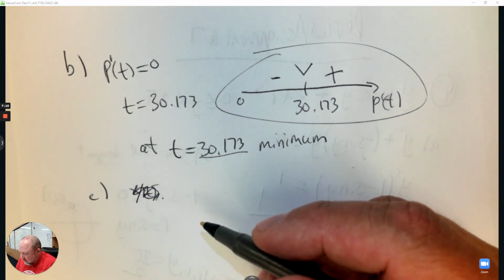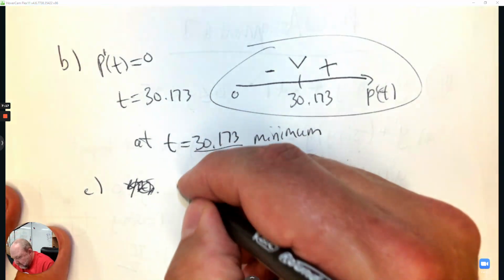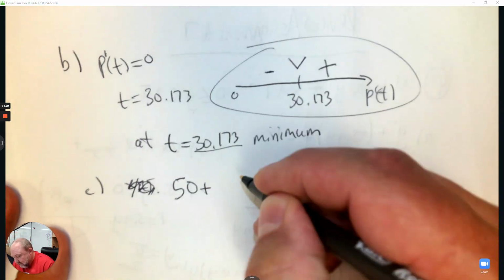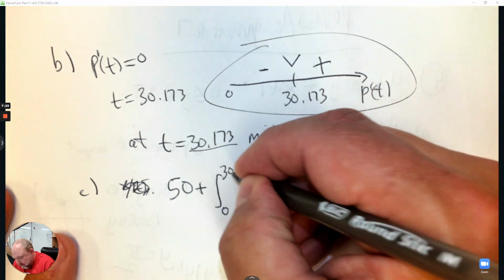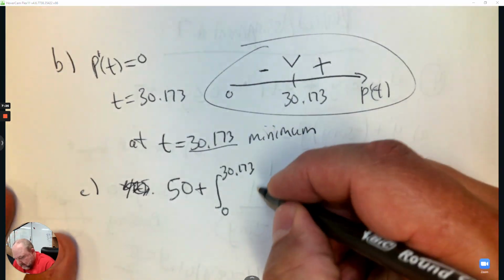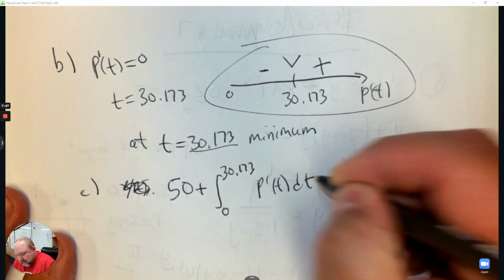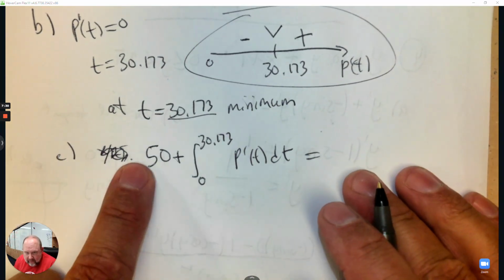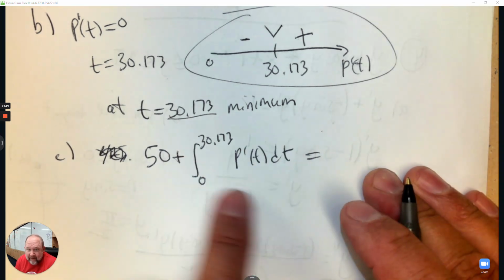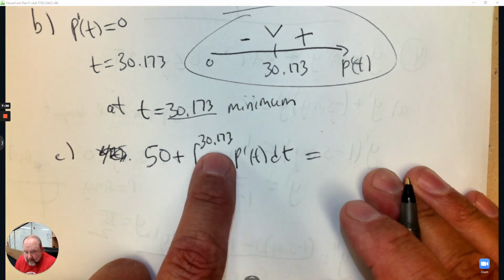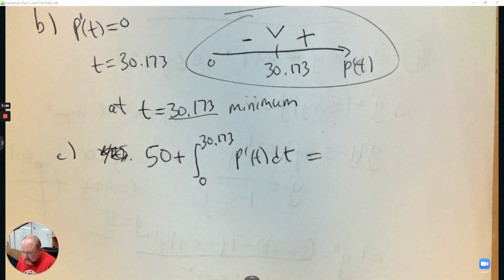So, in the question it says that there are 50 gallons to begin with. That's the starting value. And then I want to integrate from 0 to 30.173 the derivative. This tells me the increase or decrease from 50 up to that number. So there's the setup.